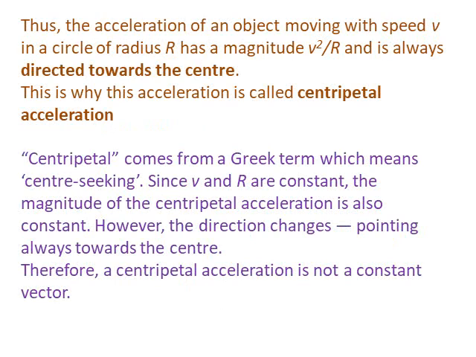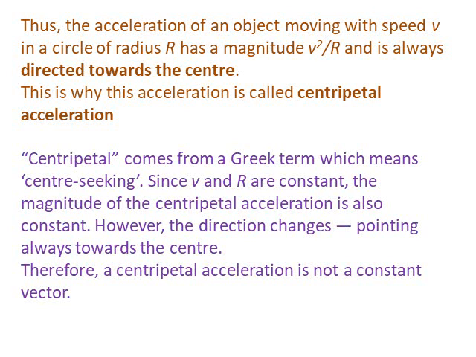Thus, you can say that the acceleration of an object moving with speed v in a circle of radius r has a magnitude v square by r, and it is always directed towards the center. That is why this acceleration is known as centripetal acceleration, from the Greek term which means center seeking.